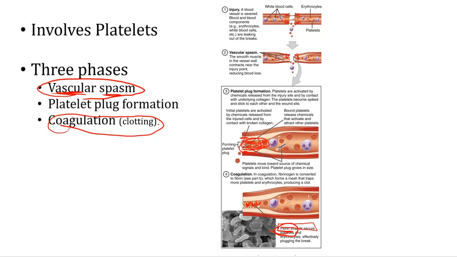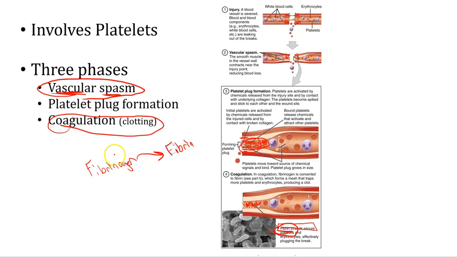But when the conditions are right, and this is a very large, lengthy cascade that I wouldn't ask you to know in this class, there's a big enzymatic cascade, a chain reaction of chemical reactions that happen to convert fibrinogen into this insoluble strand of fibrin.